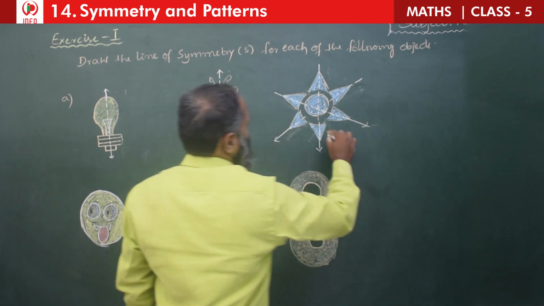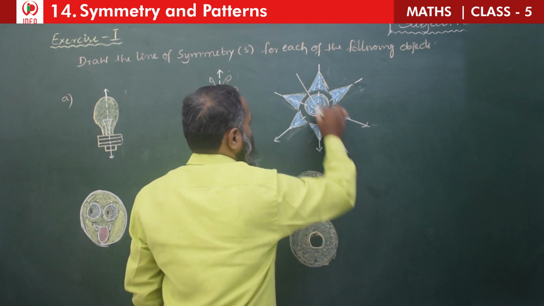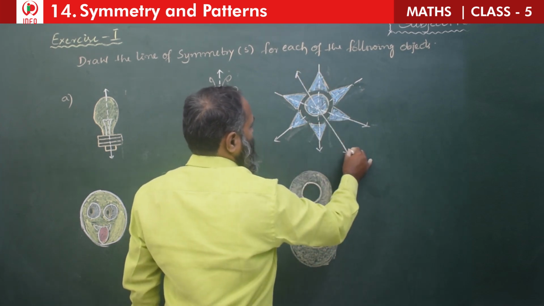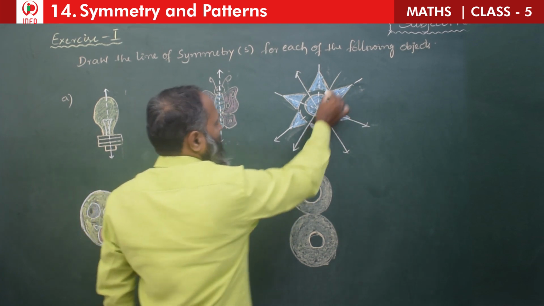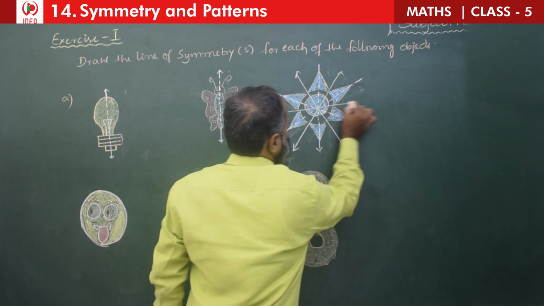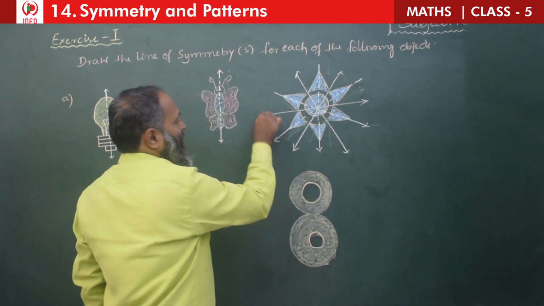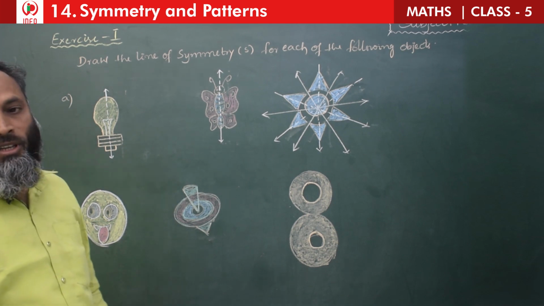In the middle also you will get one line of symmetry, 4. From here also, 5. And from here, 6. Total 6 lines of symmetry you will get.